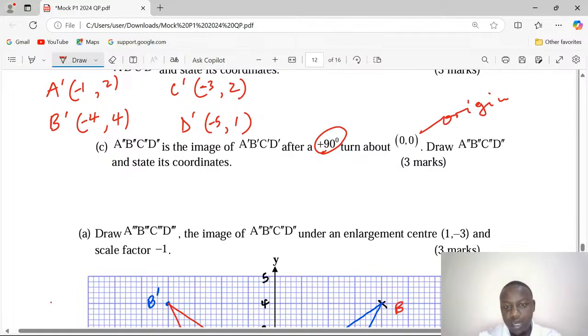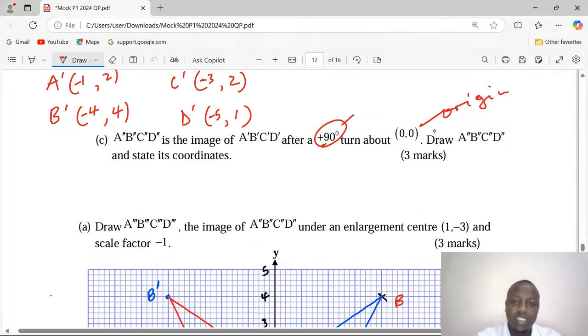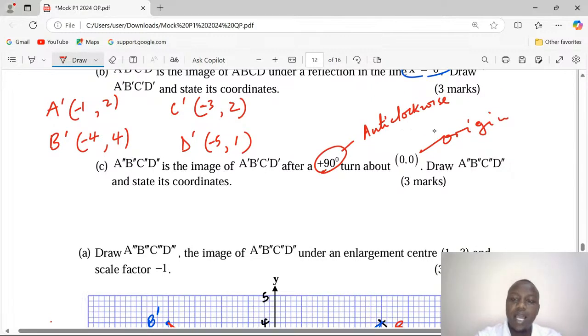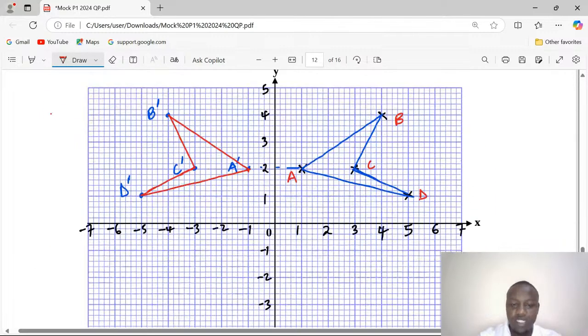Now for this other one, we shall turn through +90. +90 means the anti-clockwise direction. If it was negative, we would have gone to the clockwise. So anti-clockwise direction.